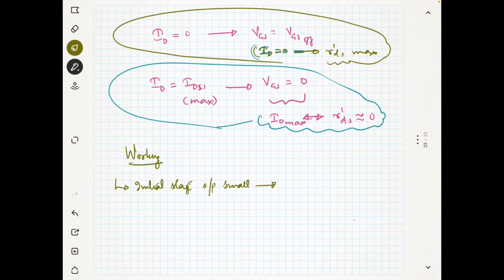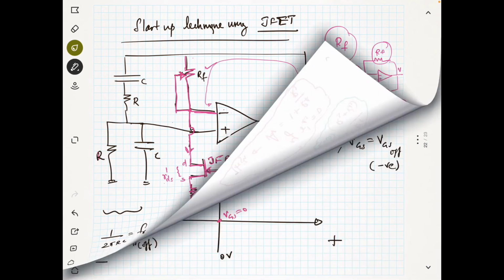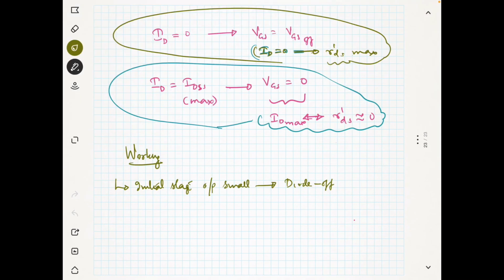If the output is small, the diode will be in off state. The diode will not be conducting. If the diode is not conducting, that implies that capacitor C3 will not charge.